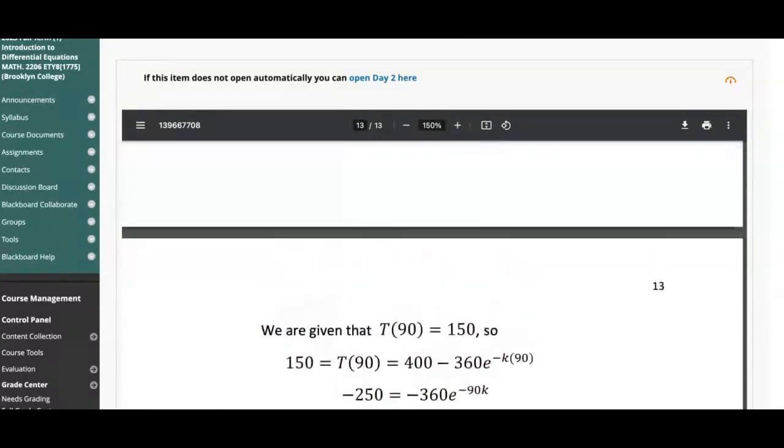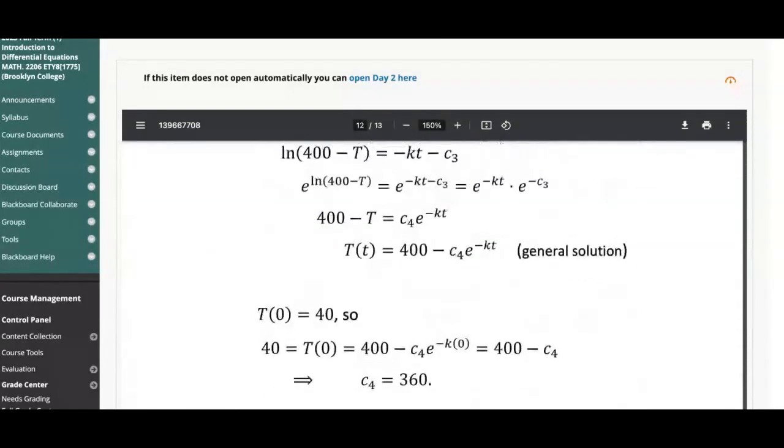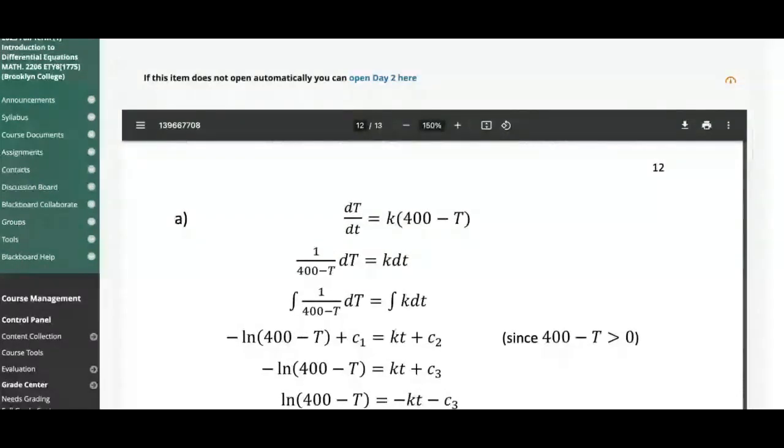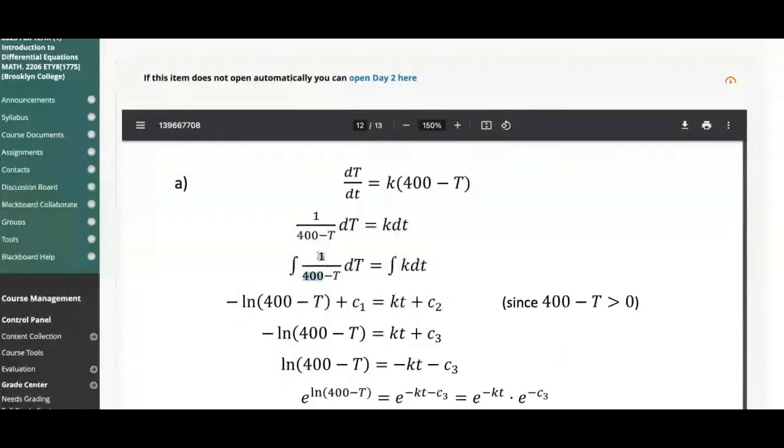We integrate, right? Think about this: if we take a derivative of ln of this, you get negative 1 over 400 minus T. I see, so you have to offset with the negative sign. Okay, thank you. You're welcome. Any other questions?